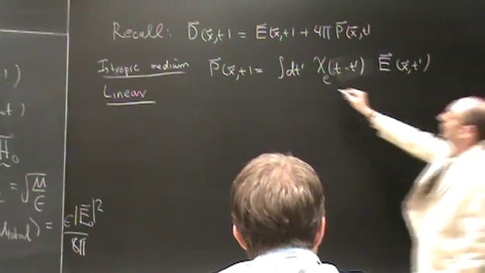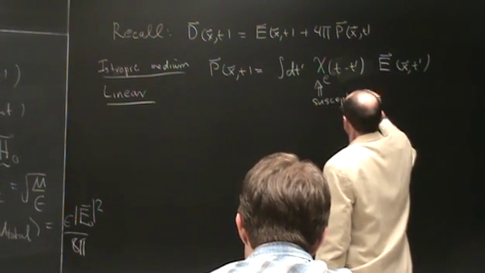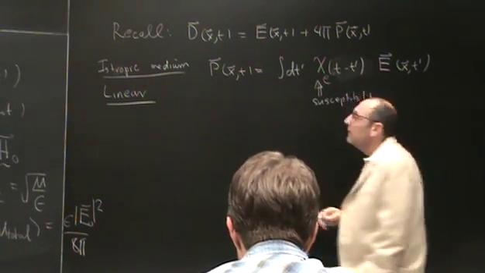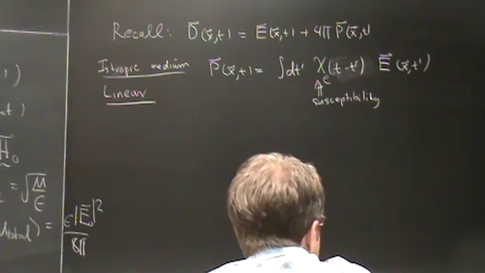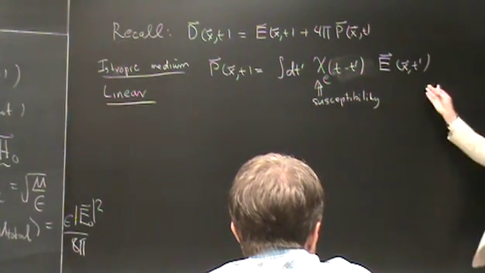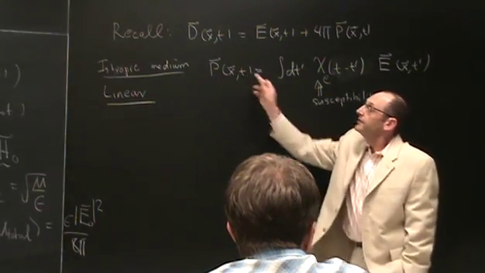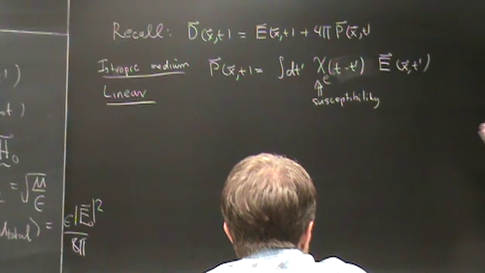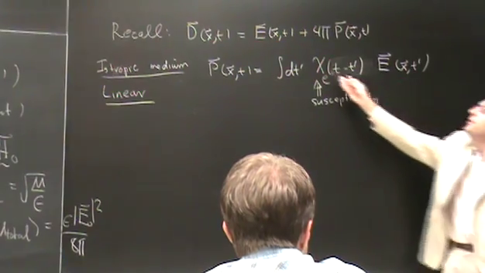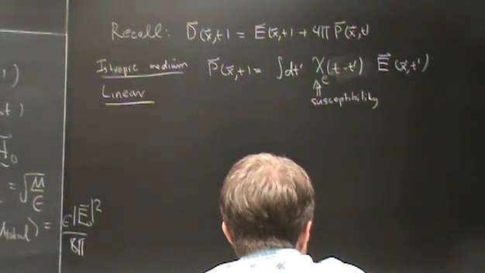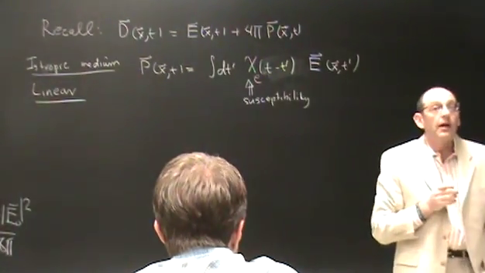We defined this as the electric susceptibility. It tells me how susceptible the medium is to being polarized in the presence of some electric field, okay? And generally speaking, the polarization induced at some time t is not instantaneously related to the field at that same time, but there's some response time. So a response function, which is given here, okay?